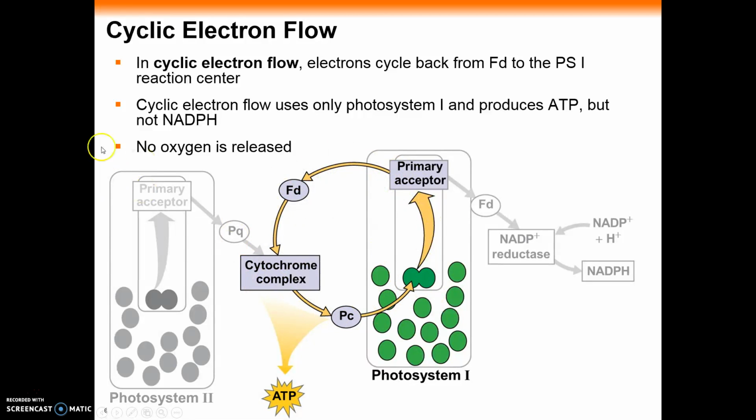This would not consume water, so no oxygen would be generated. And it would also stop this whole process over here. So if the plant just needs energy, it can do this.